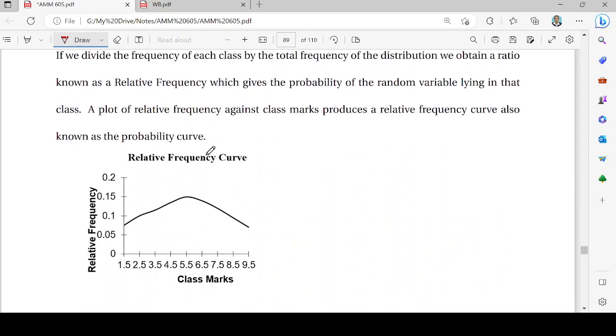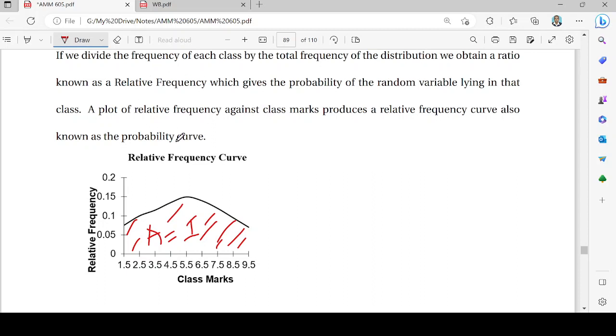But now, the area under the curve will be equal to the sum of the relative frequencies, which is 1. The total area under the curve here will be equal to 1 in this case.